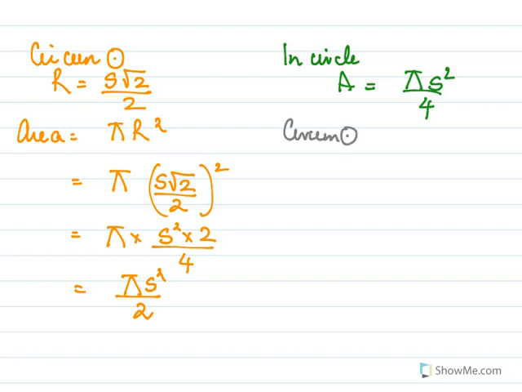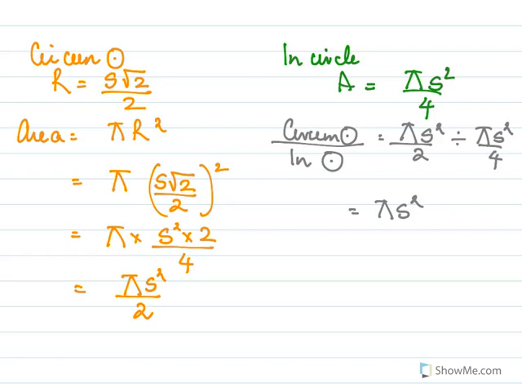Now to find the ratio of circumcircle over incircle: pi S square over 2 divided by pi S square over 4. So pi S square over 2 multiplied by 4 over pi S square. You cancel this, you get 2 is to 1. So the ratio is 2 is to 1, circumcircle over incircle.